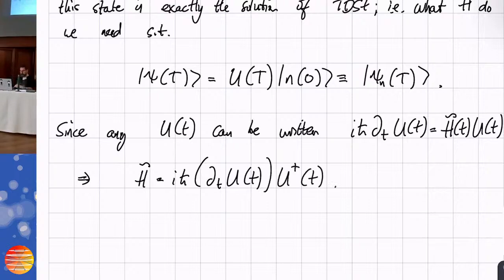This is just a mathematical relationship that is known. I don't know how people derived it, but this is where we start from. If we have a unitary, we can basically retrofit and work out the corresponding Hamiltonian that gives rise to that unitary using this expression.